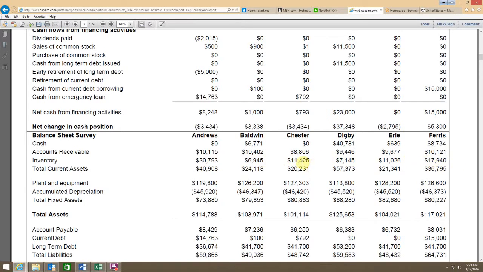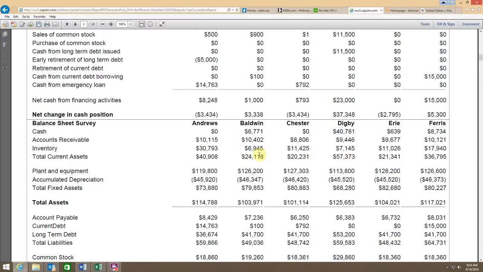Overall, these inventory numbers aren't horrible. Often in the first round, I'll get a team that'll just be completely out of whack when it comes to inventory. Total current assets, add those up. Plant and equipment, we saw some teams increase their plant and equipment, with the investments that they made above.